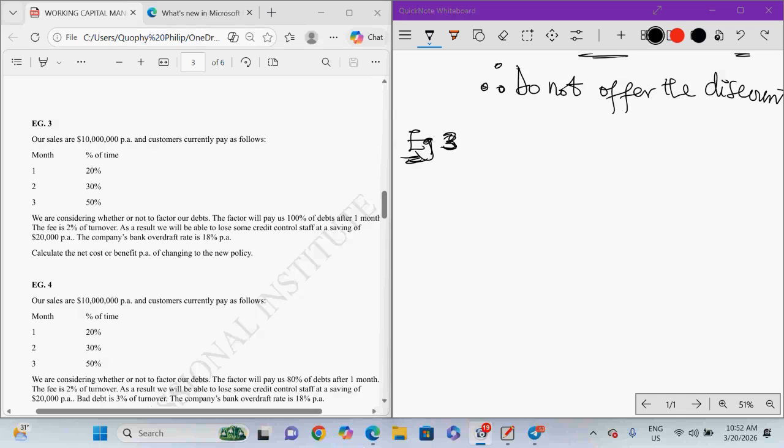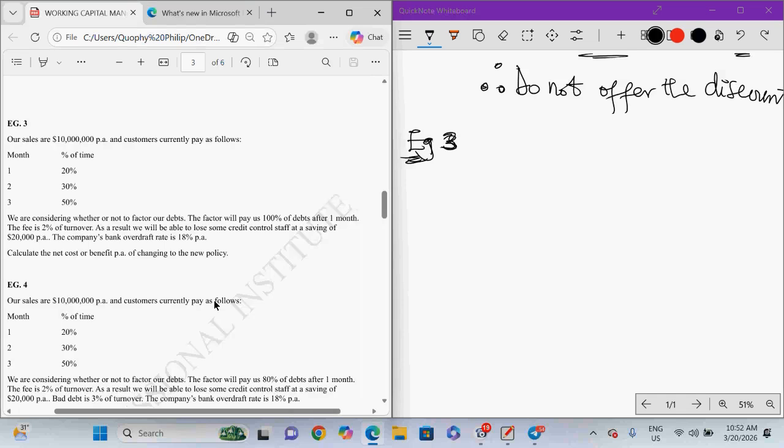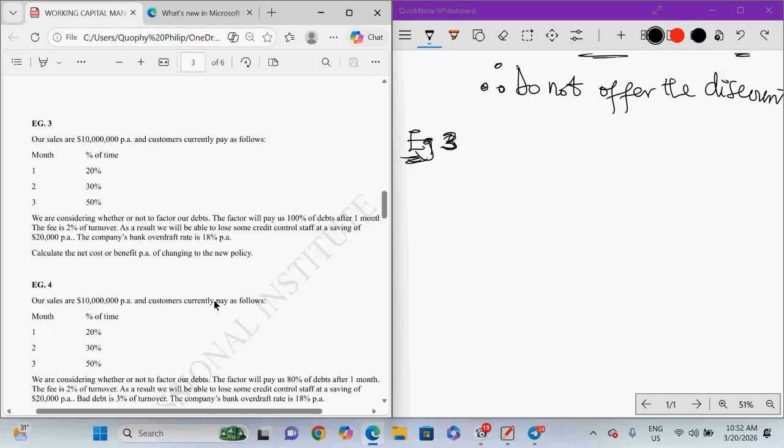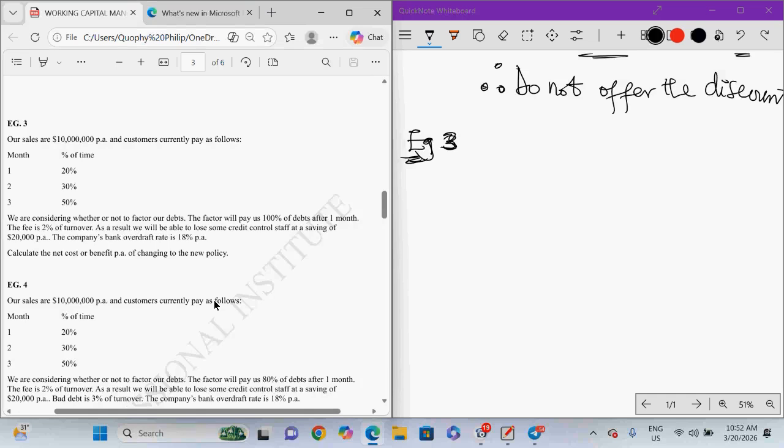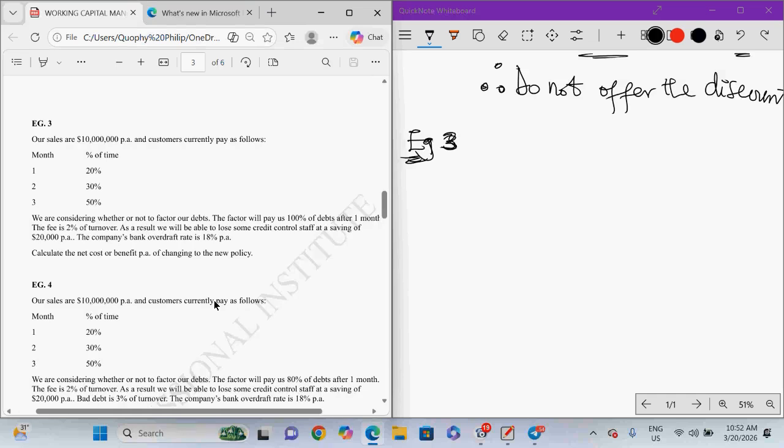The fee is 2% of turnover. As a result, we will be able to lose some credit control staff at a savings of 20,000 per year. The company's bank overdraft rate is 18% per year. Calculate the net cost or benefits per year of changing to the new policy.